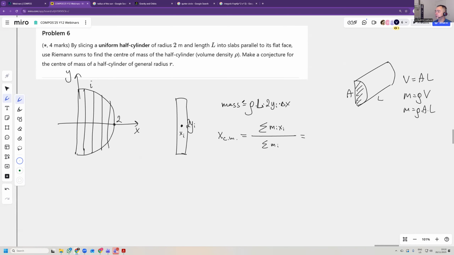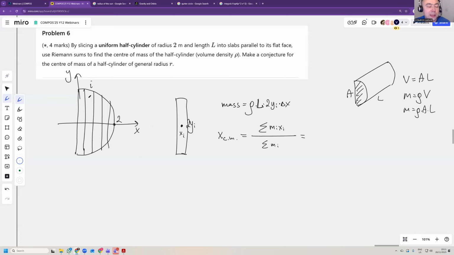How do you find the coordinates of the center of mass of an object that isn't symmetric? Well, there are different methods, but effectively you break it down into objects of known center of mass. So that's effectively what I'm doing here.